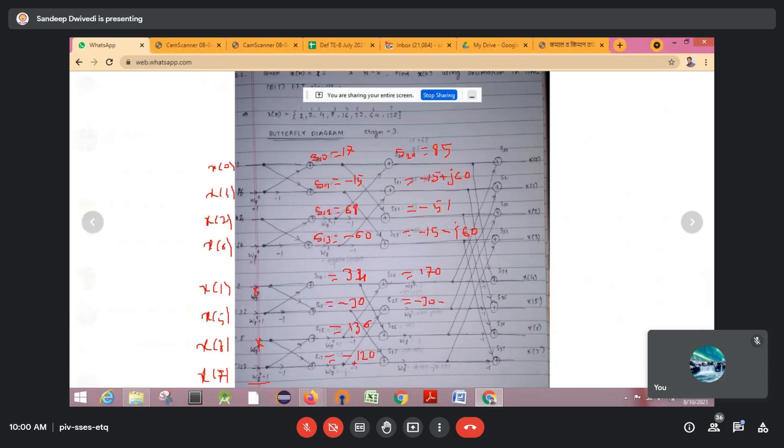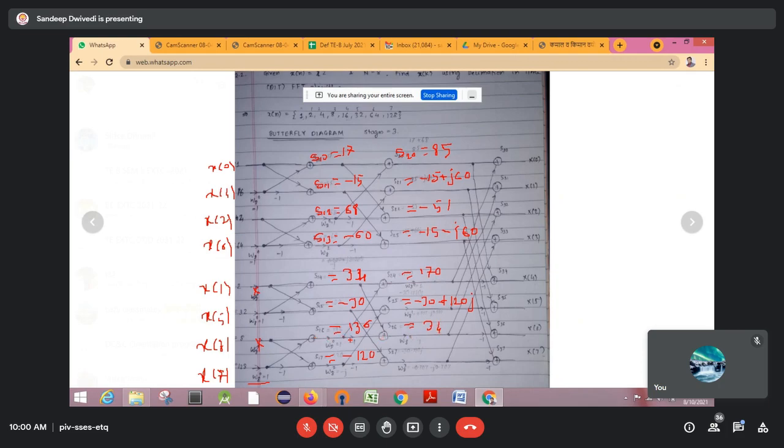Yeah, here this minus will not be there, because from here you are going upward. Only this minus is there, so this will be minus 30 plus 120j. Now for this one, this arrow is there, that is 34, so this will be simply 34.